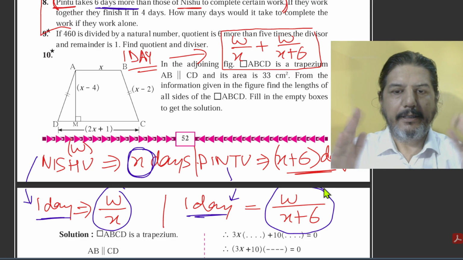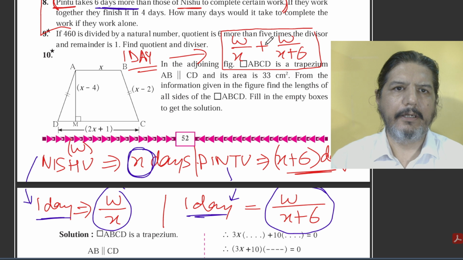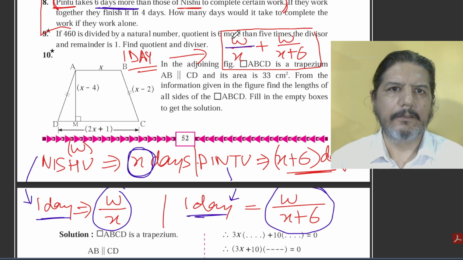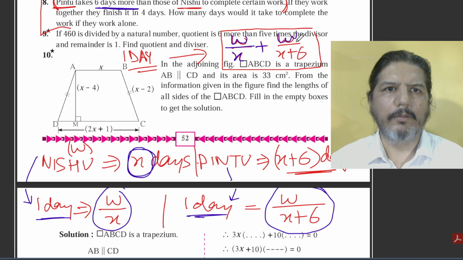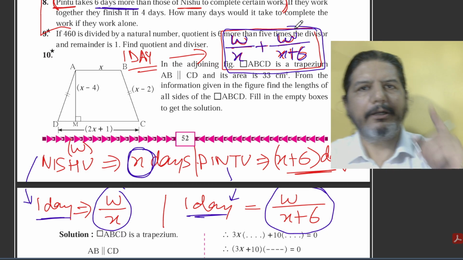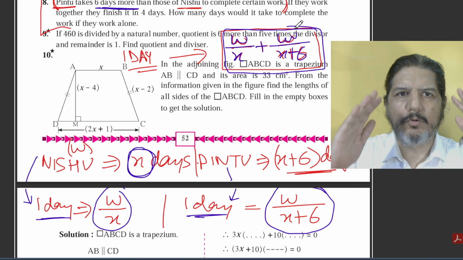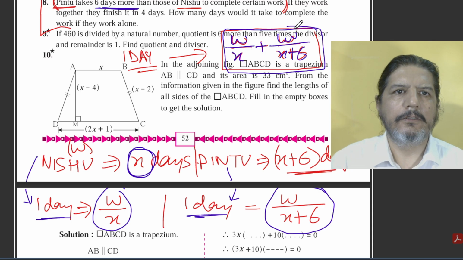Now if they work together, in one day they'll be able to complete W upon X plus W upon X plus 6 of the work. This is the work they complete in one day when working together. I hope you are able to understand this.